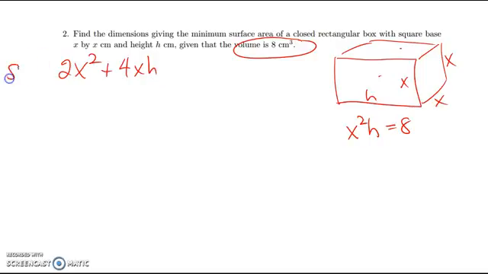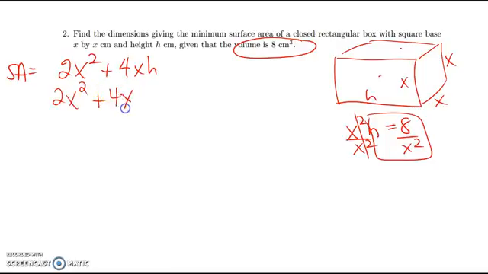That's our surface area. Now, before I do anything else, I want to get everything in terms of one of the variables. So I'm going to solve for h. h equals 8 over x squared. So I'm going to say 2x squared plus 4x times 8 over x squared.